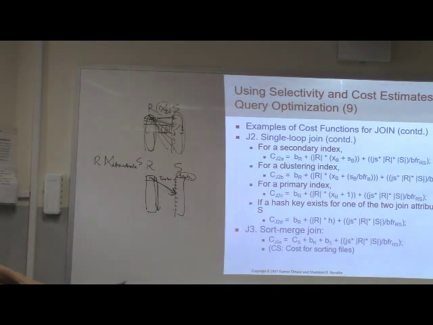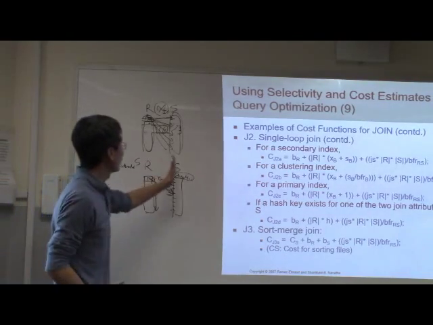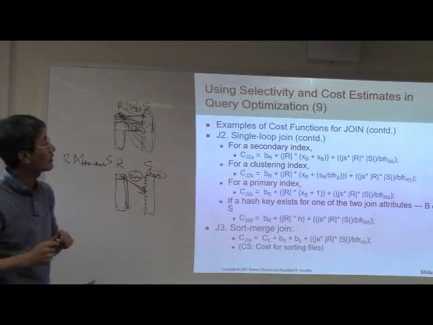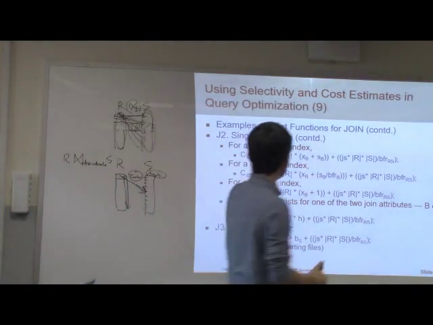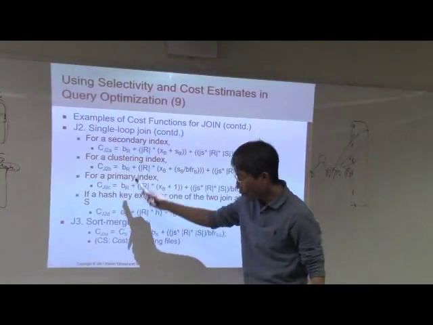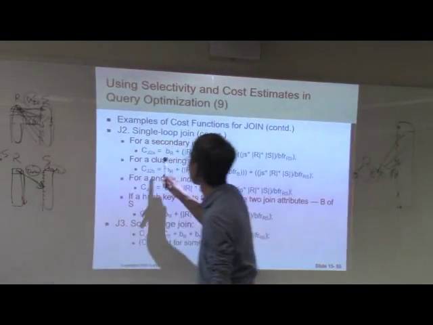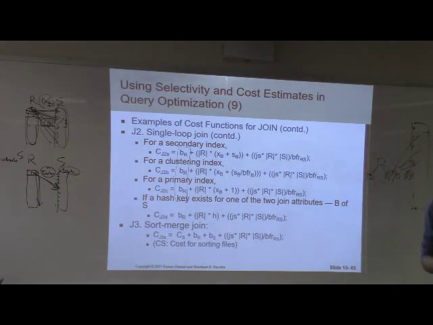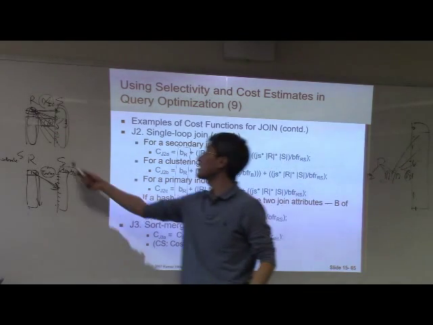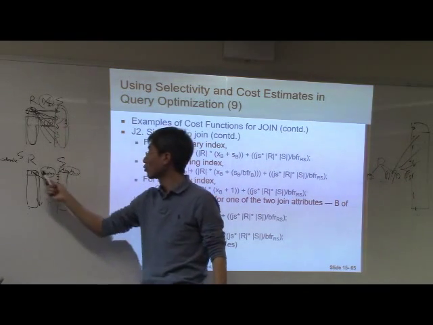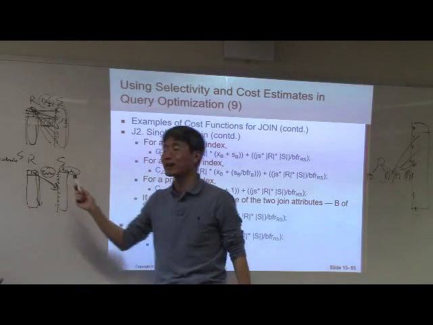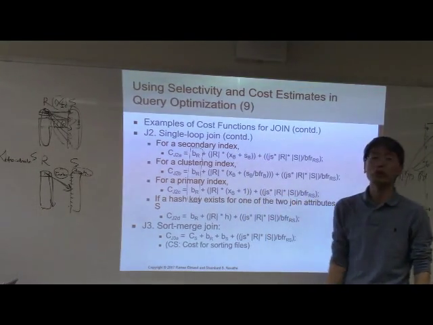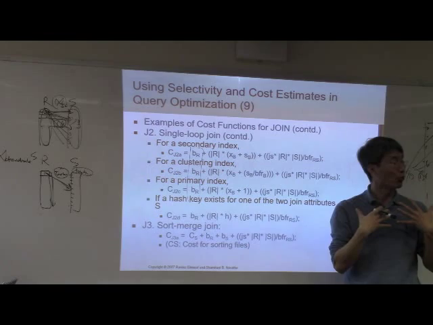So the cost may be different. How different? It depends on the index structure you use to search the data in S, so it can vary. However, the idea is the same. Anyway you need to read the outer loop one time. That is BR. Then what will be the cost? Instead of BR times BS, you need to calculate the cost of the index. In the case of a secondary index, it is always the index levels plus the data selectivity, how many data, because it's not always a primary key.